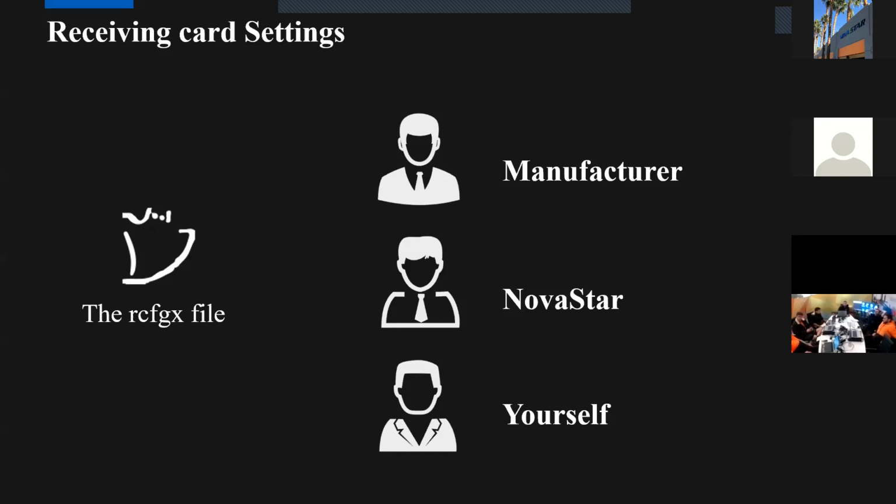We only talk about the manufacturer. You can get the RCFGX from the manufacturer or from a NovaStar engineer. Because this is a fundamental class, we're not going to talk about how to make your RCFGX files by yourself.